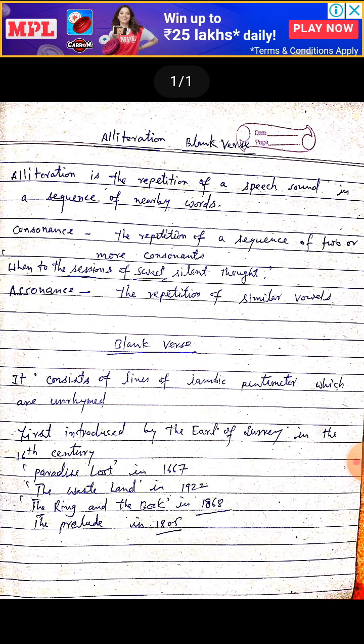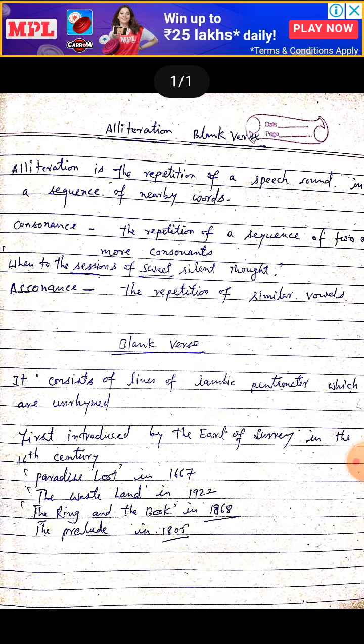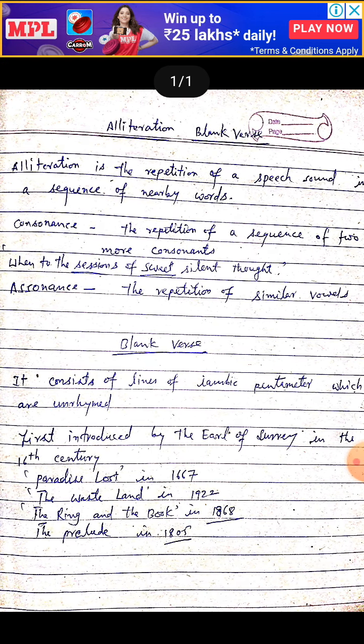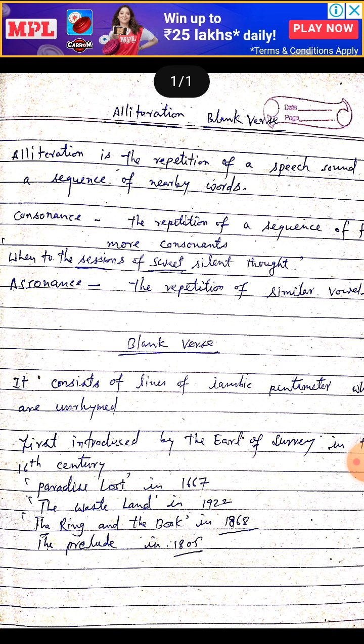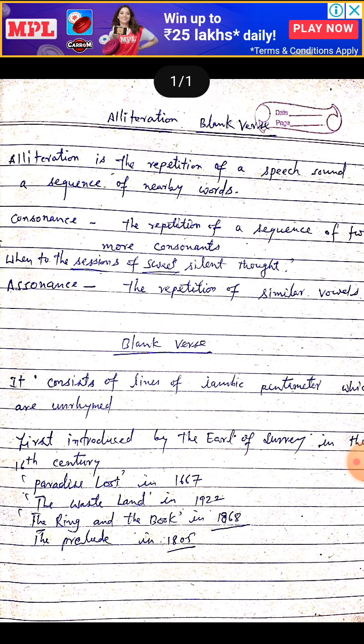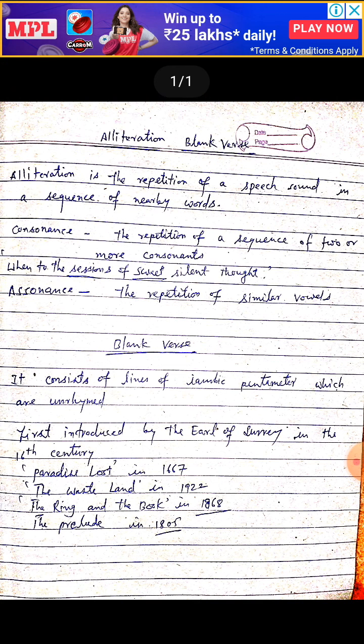Now we move to blank verse. Blank verse is a kind of meter which is blank, means there is no rhyme. Blank verse consists of lines of iambic pentameter which are unrhymed.